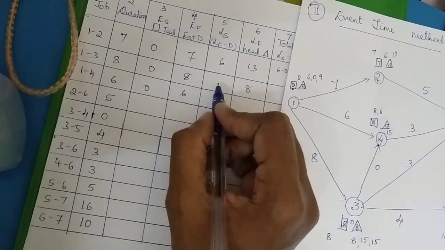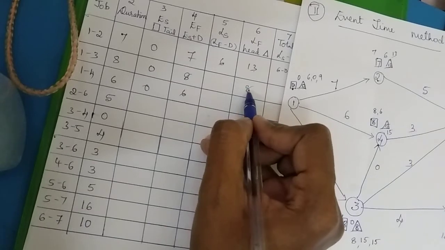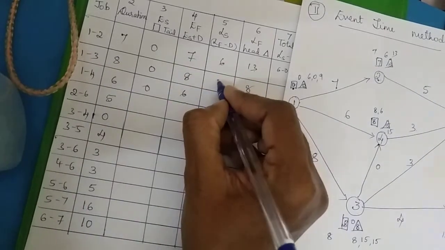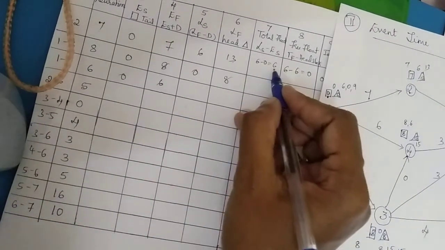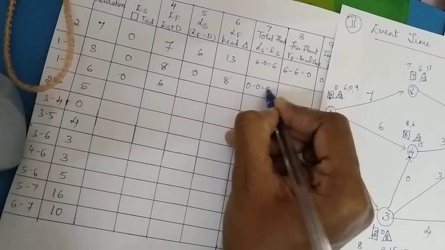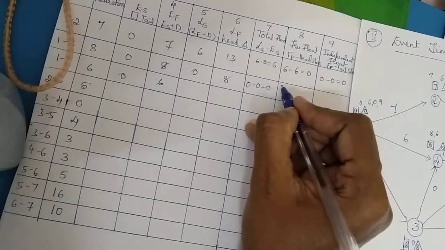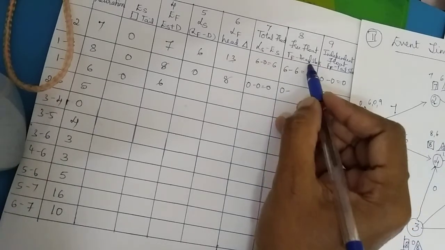Now LF minus d, so 8 minus 8 is 0. Then LS minus ES, 0 minus 0 is 0. So the total float is 0 minus the head event slack.